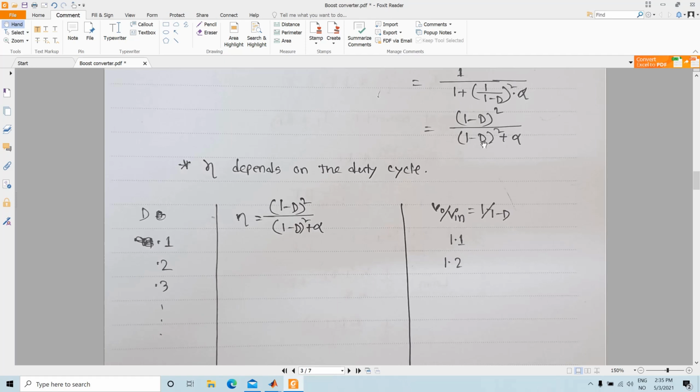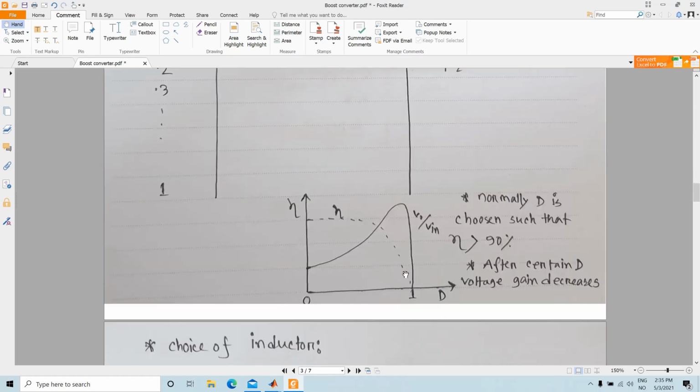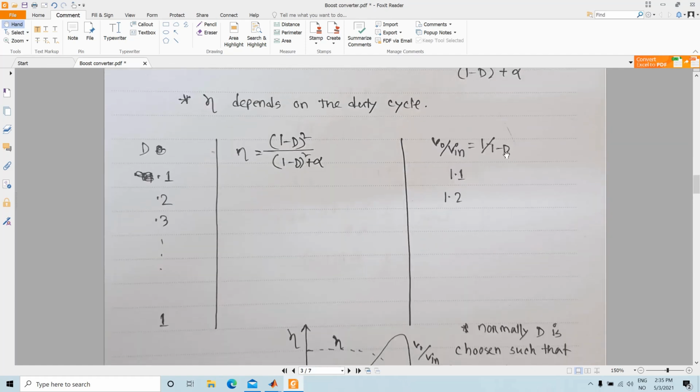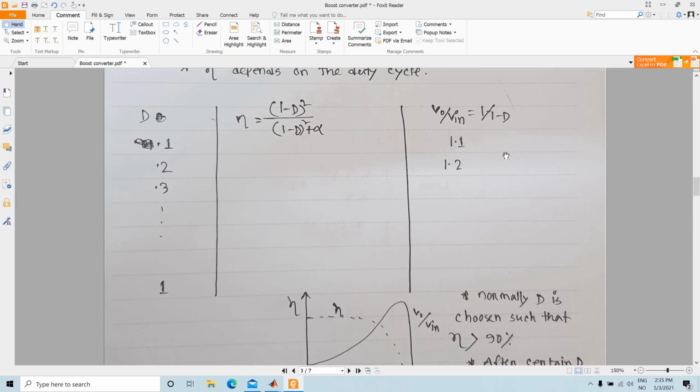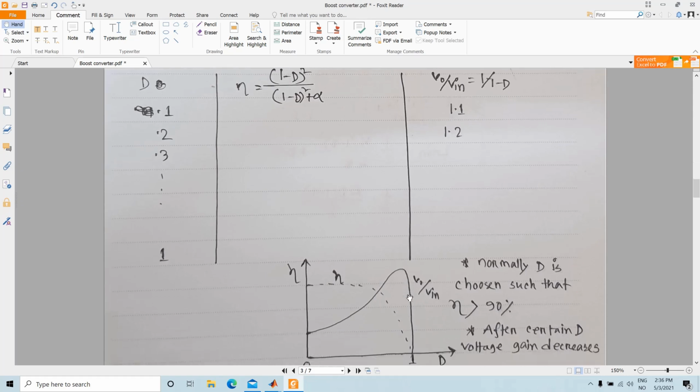But as the D value gets closer to 1, this part becomes higher than this part, and your efficiency will drop as it approaches 1. Whereas our gain will have a behavior something like this: as D approaches 1, you will have a sharp fall in the gain.